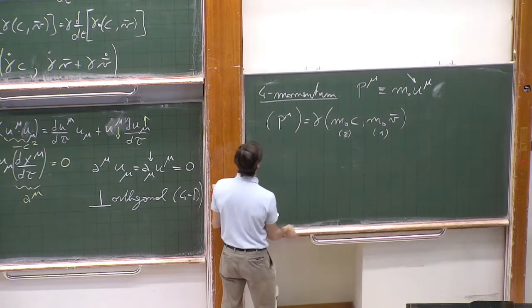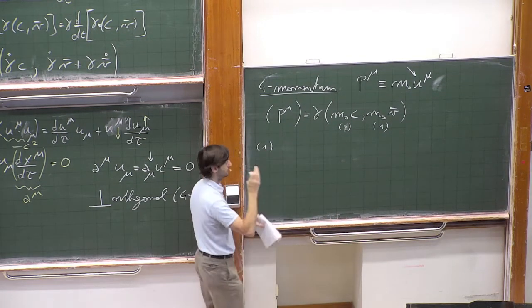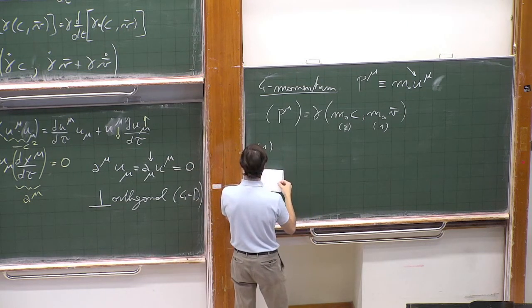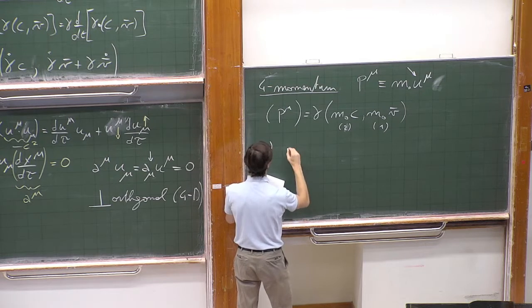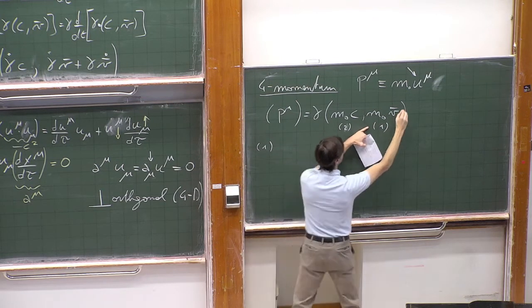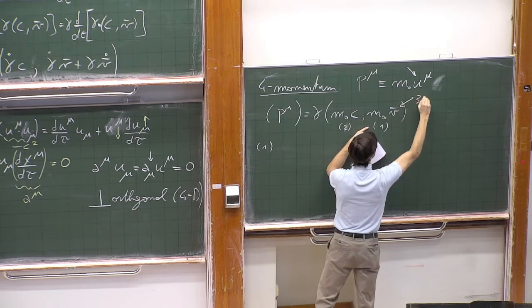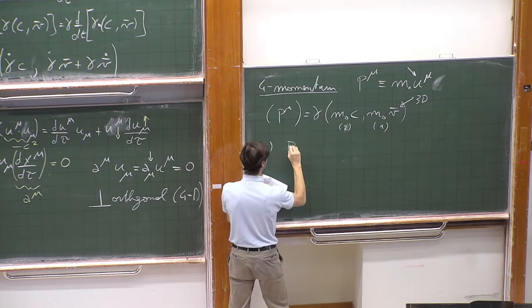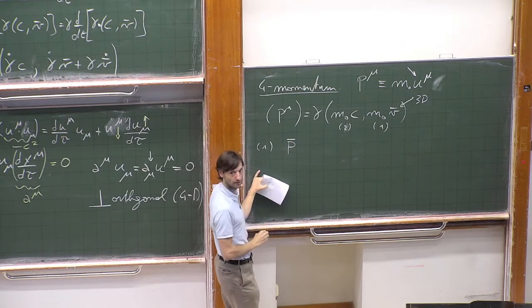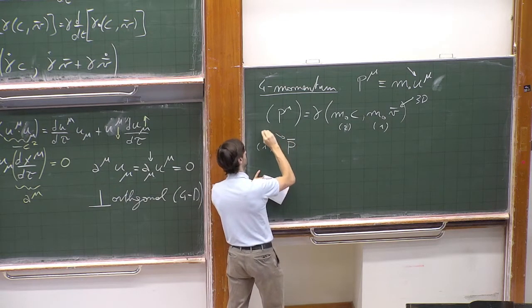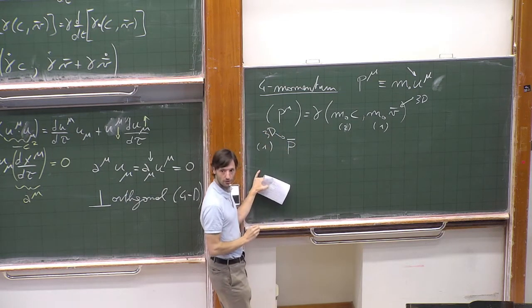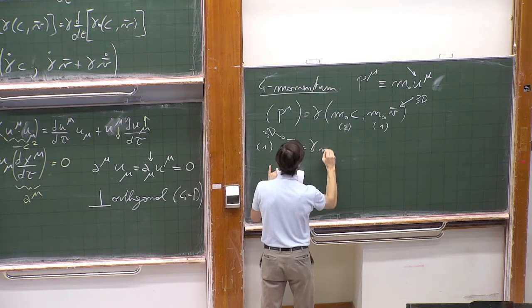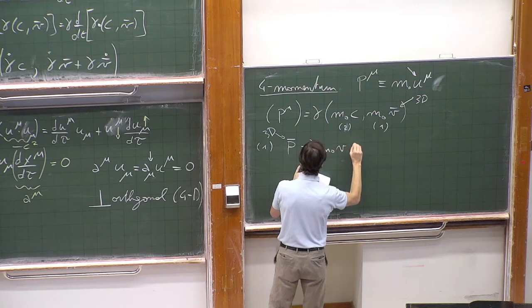I did it this way because component 1 is explained right away, because we have the three-dimensional component of the vector, 3D, okay? Only the space components are equal to gamma M0 v.